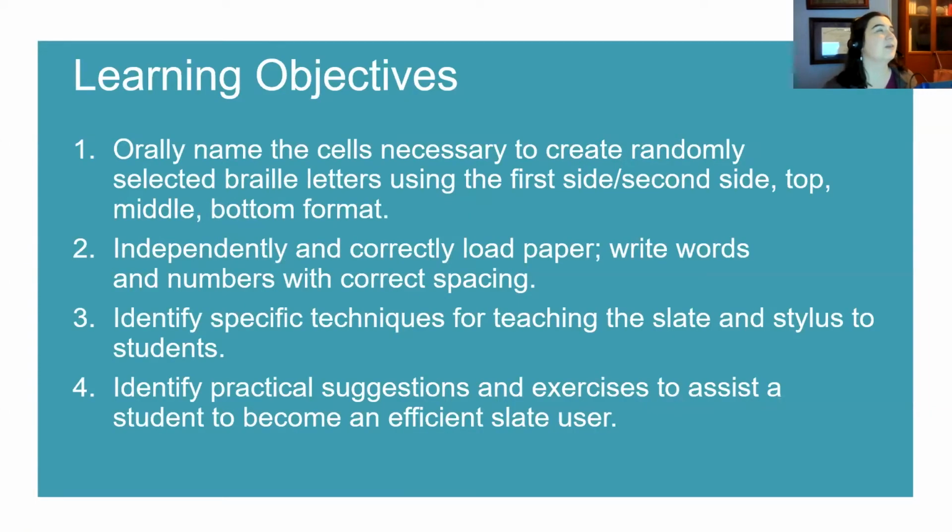Let's look at our learning objectives. Number one, we will orally name the cells necessary to create randomly selected Braille letters using the first side, second side, top, middle, bottom format. Two, independently and correctly load paper, write words and numbers with correct spacing.